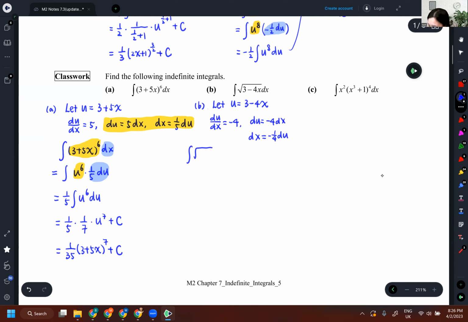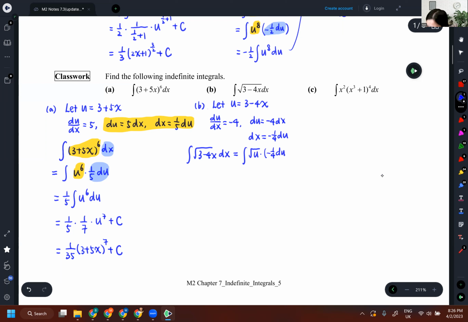Therefore, the integral is equal to square root u times negative 1 over 4 du. Again, the substitution is the yellow part and the blue part. So it's equal to negative 1 over 4 u^(1/2) du.